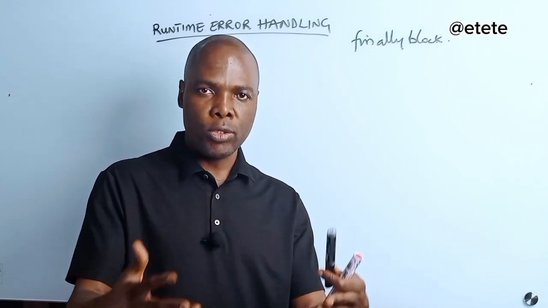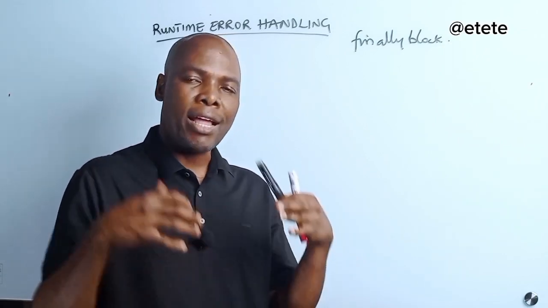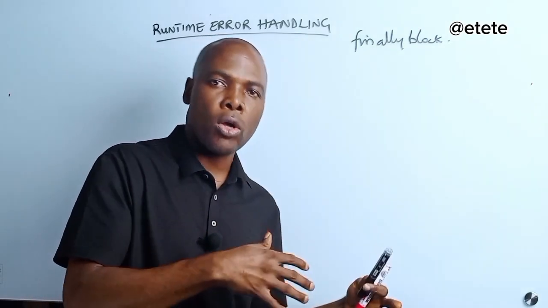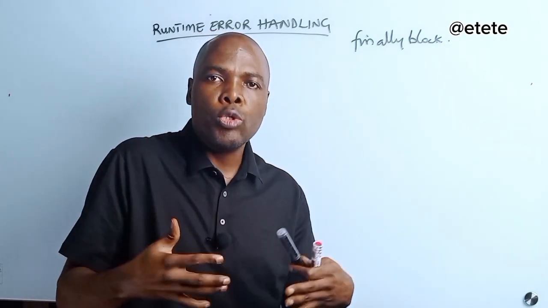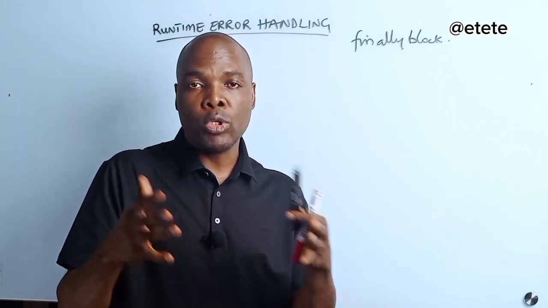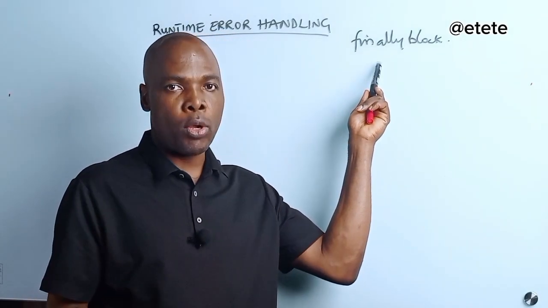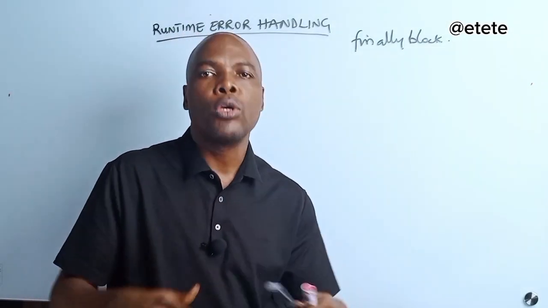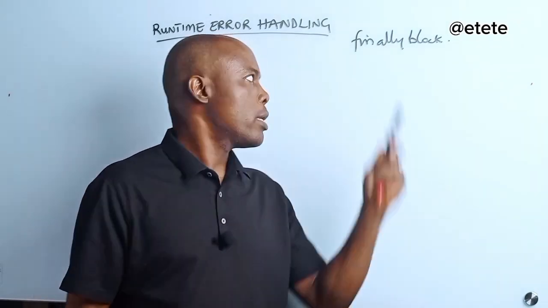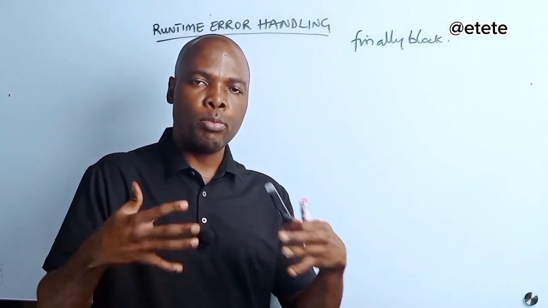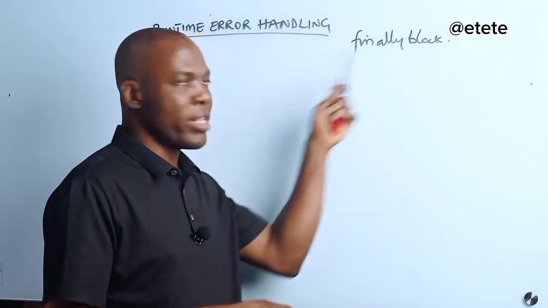You need to release those resources. Whether there's an error or there is no error, once your program finishes executing, you need to release those resources. That is when you use this finally block. Even if there's an error, you still have to release the resources. That is the place where you put the code that will do that, under this finally block.